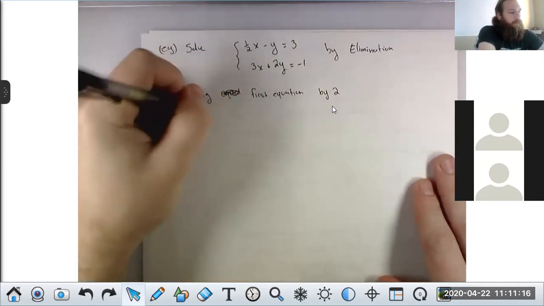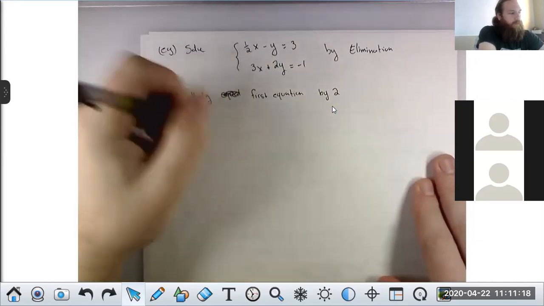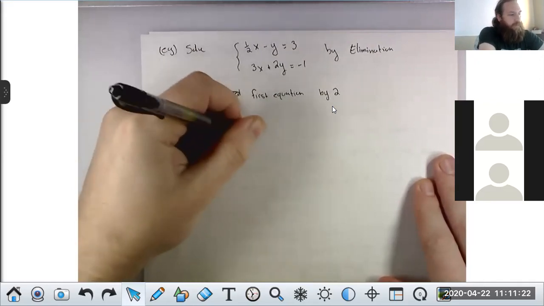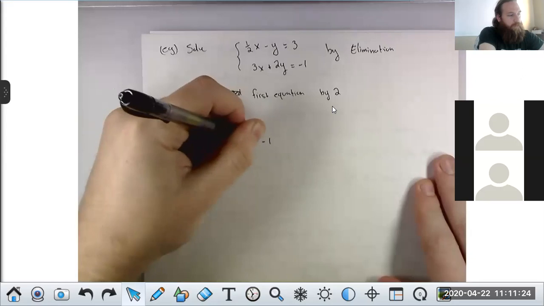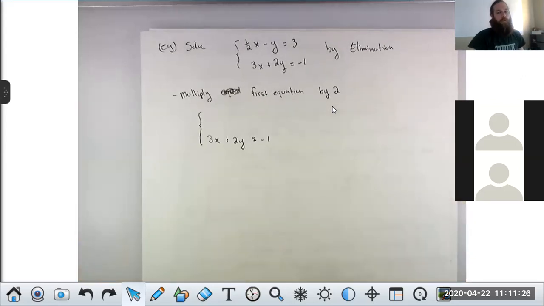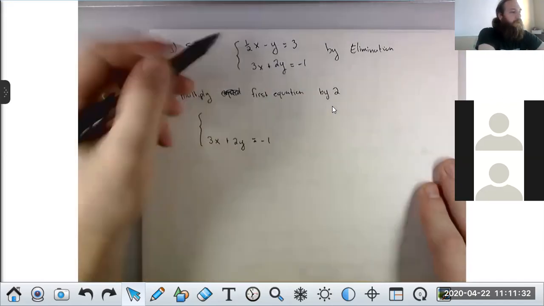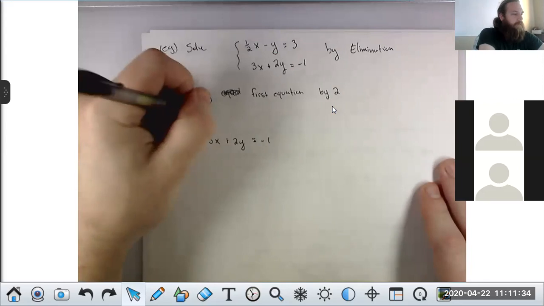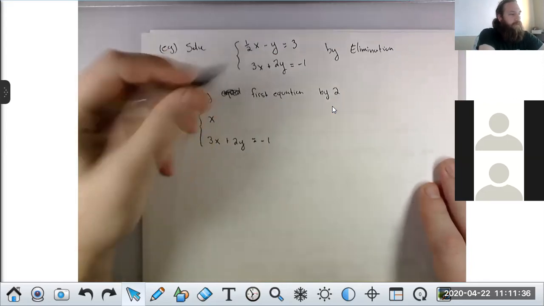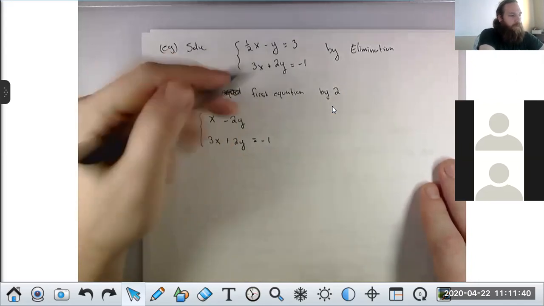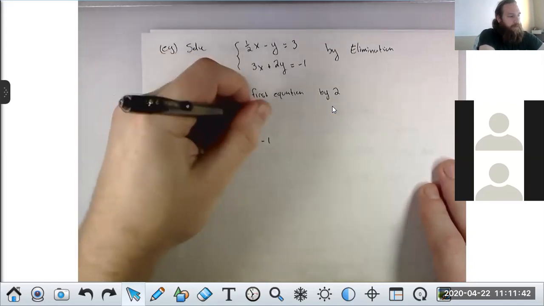When I multiply through that first equation by 2, the second equation doesn't change at all. He stays 3x plus 2y equals -1. And one of my little bits of advice for solving systems: write down the stuff that doesn't change first. When I multiply through the first equation by 2, 2 times 1/2 x, that's just x. 2 times -y is -2y, and 2 times 3 is 6.